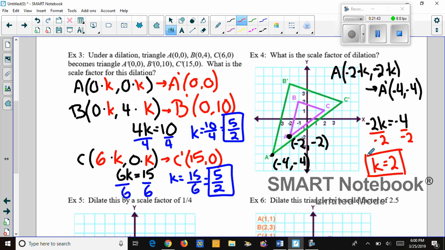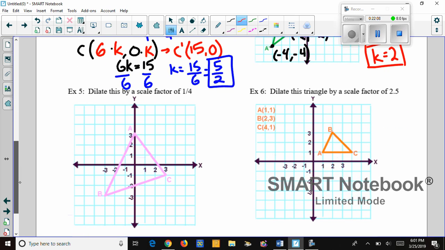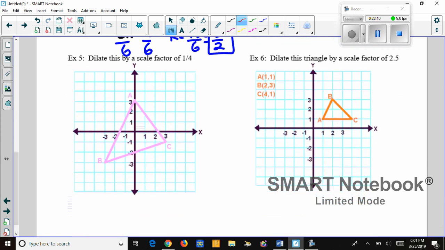If we multiply every ordered pair of A, B, C by 2, we will find the ordered pairs for A prime, B prime, and C prime. Let's do this the other direction, and if we're given a scale factor, let's go ahead and find what the new dilated picture would look like. So here we go.